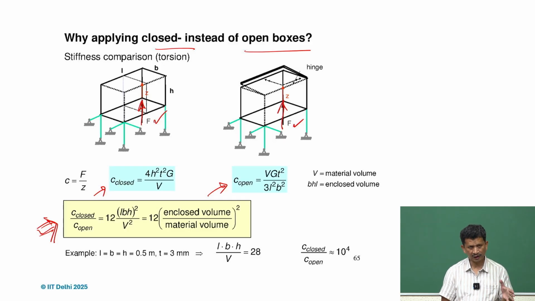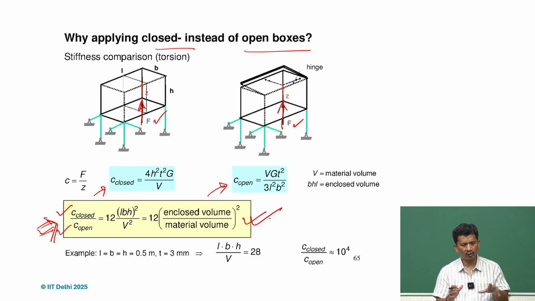So what we realize when we compare the stiffness, suppose we are supporting the open box and the closed box, supporting only at the corners, what will happen? It will be clearer from here. So if you compare the bending stiffness, C closed versus C open, what we realize is that it's enclosed volume versus material volume, and you can see that the enclosed volume will be way higher.